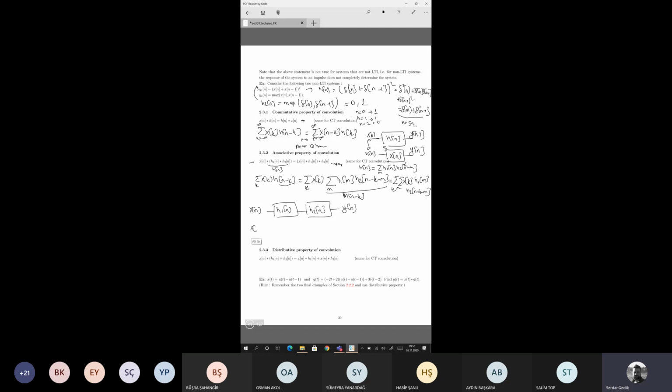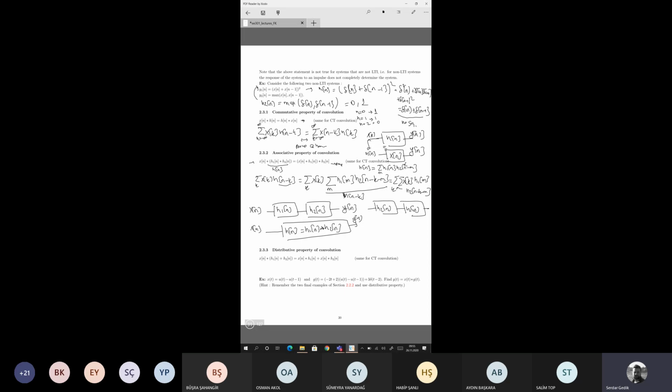Actually, in order to find the result equivalently, you can define an h of n, which is h1 of n convolved with h2 of n, and find y of n. So this is exactly the same result. Also, as an alternative way, I can interchange h2 and h1.